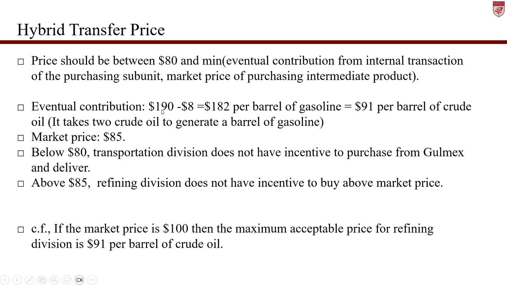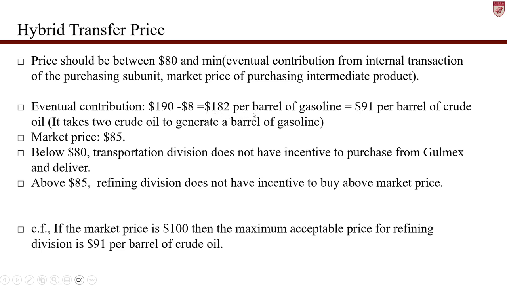So from the refining division perspective, the contribution is going to be the selling price of $190 to the external customer minus the variable cost per barrel of $8, which reaches $182 per barrel.